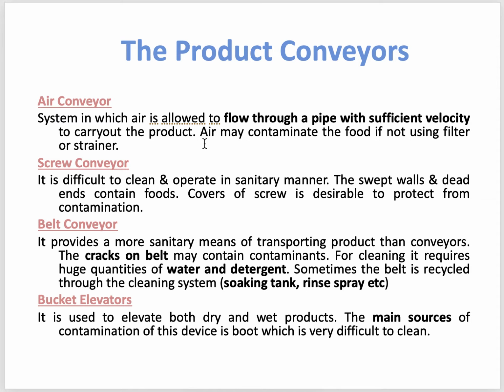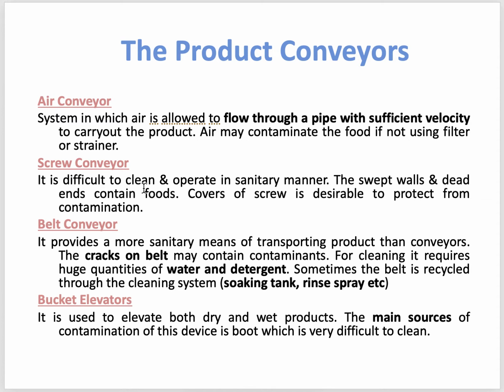As we are using air, if the air is not clean, if the air is contaminated, it can contaminate the food. That's why the air which is used in the air conveyor is first cleaned, using a filter.